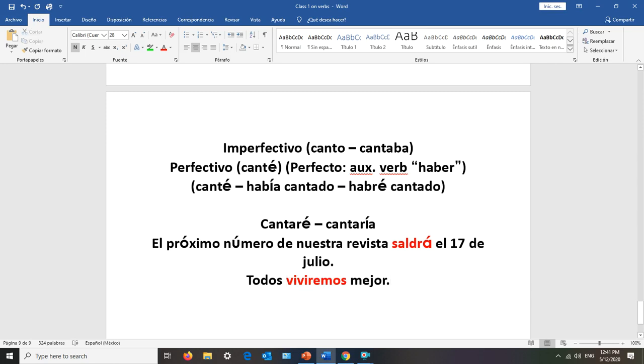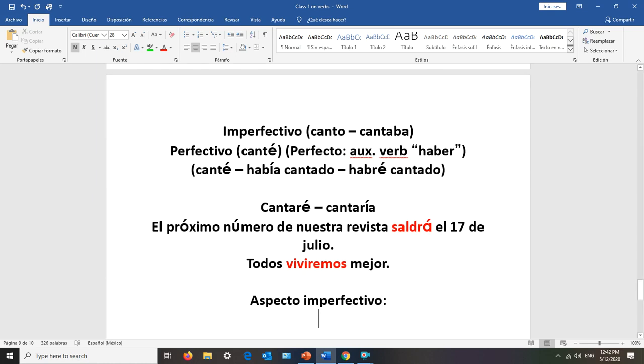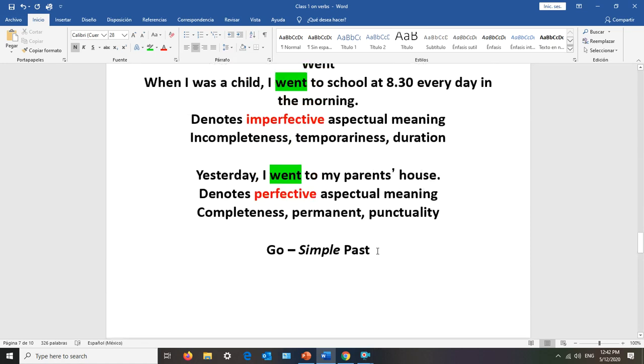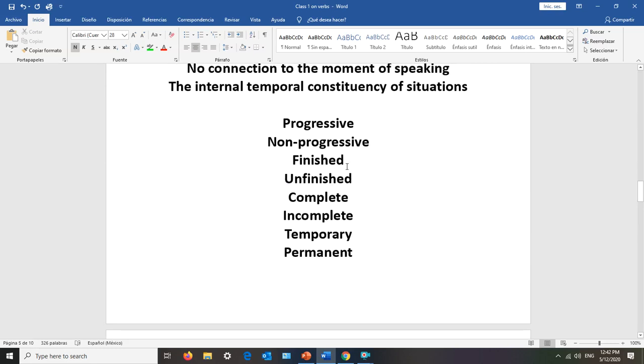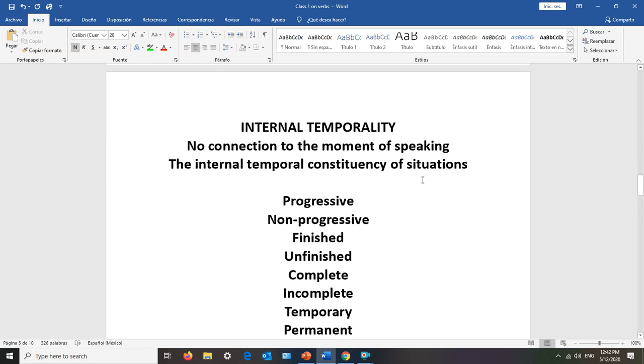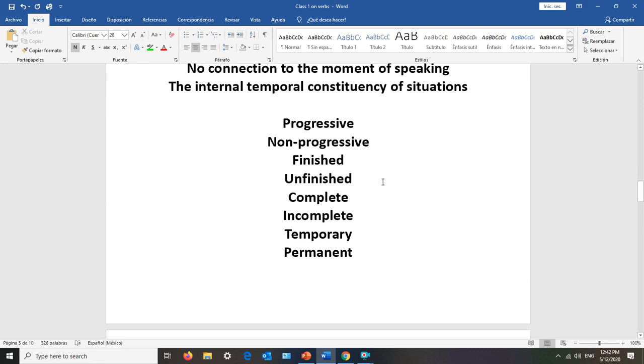Now, before I conclude, when it comes to aspecto imperfectivo in Spanish, we need to remember three meanings, in as much as we associate the non-progressive forms or the progressive forms with meanings such as finished, unfinished, complete, incomplete, temporary, permanent.